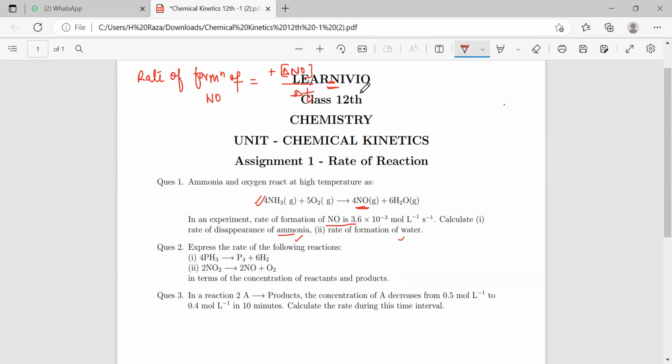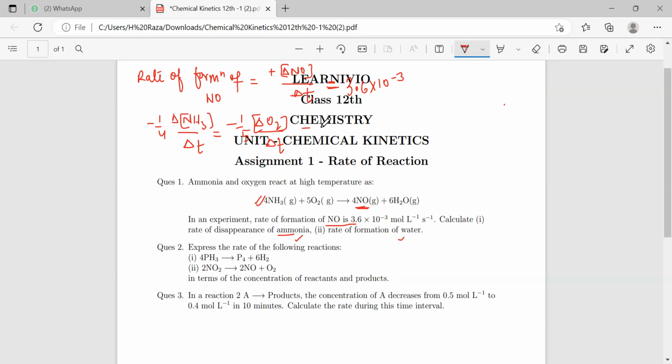Which has a value of 3.6 into 10 raised to the power minus 3, right? Yes, sir. Now see, you have written the rate of reaction, that is minus 1 by 4 delta NH3 upon delta T, that will be equal to minus 1 by 5 delta O2 upon delta T. You haven't written that, and it is not required.